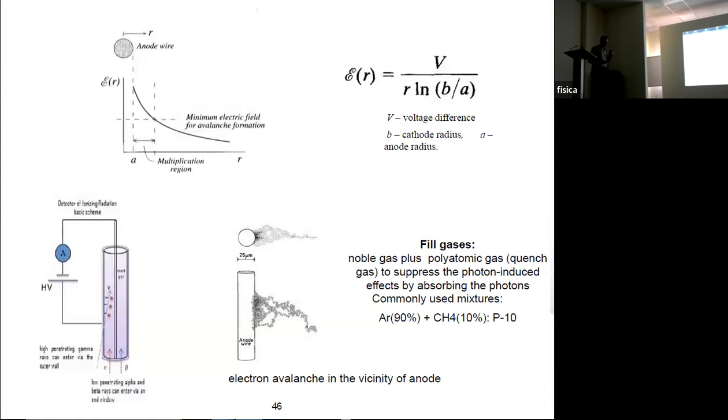And this electron can give you the same electric signal, which is the ionization channel, but the amplitude of this signal is 10 to the power of 5 or 6, a million times more.